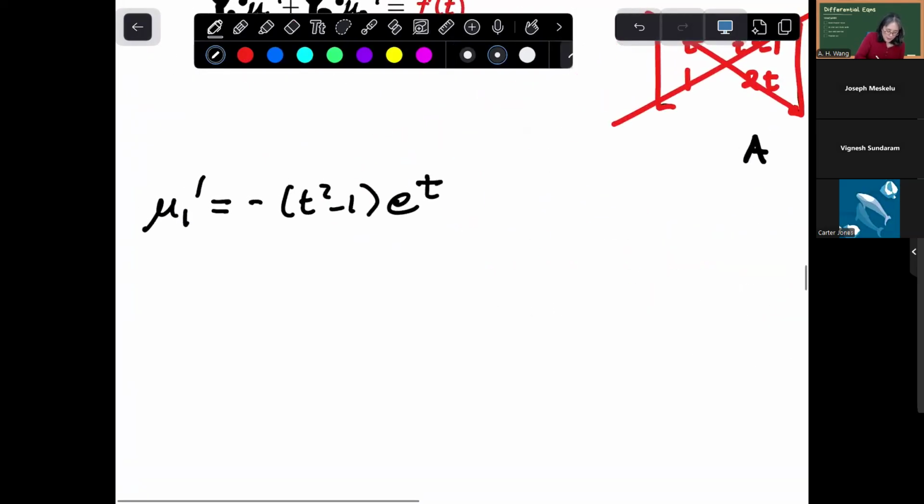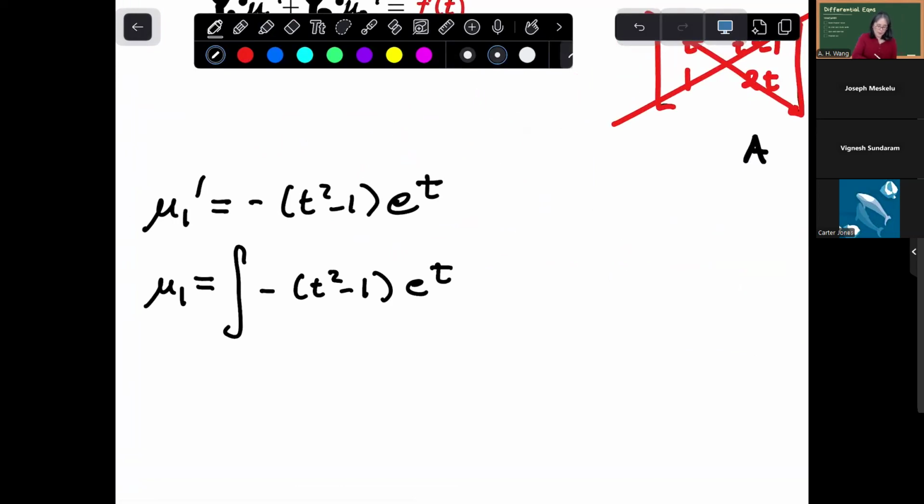So we want to go ahead and we're going to take this. Okay. And when you have something like this, this is a great candidate for integration by parts. But what will happen is that you'll do it twice.